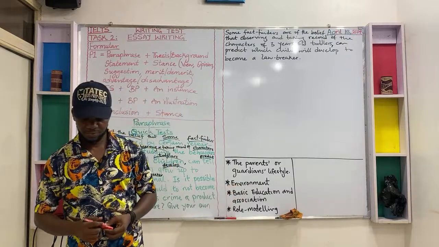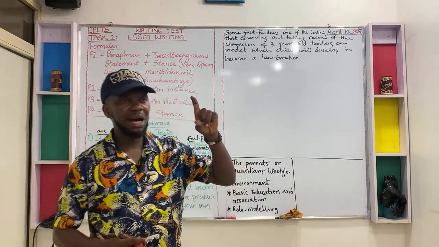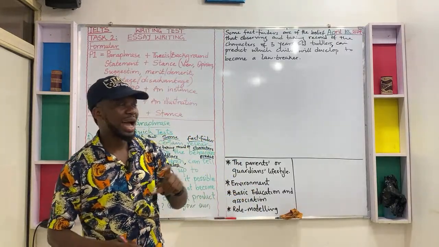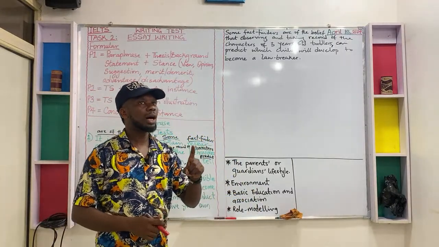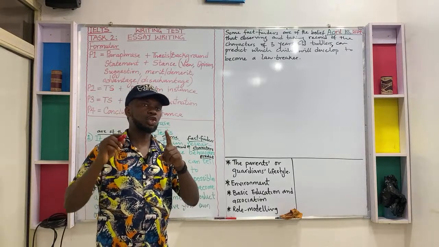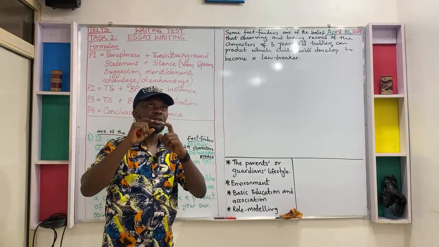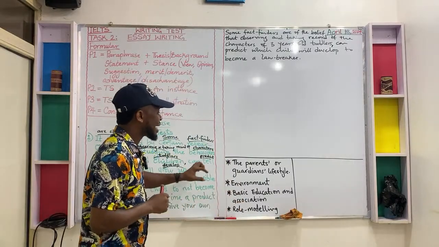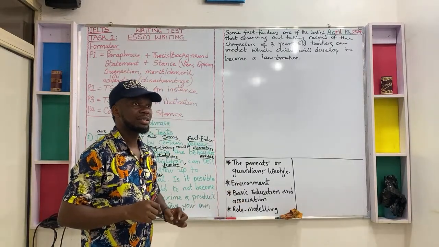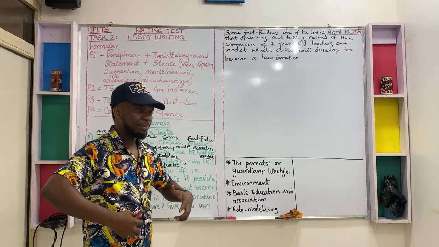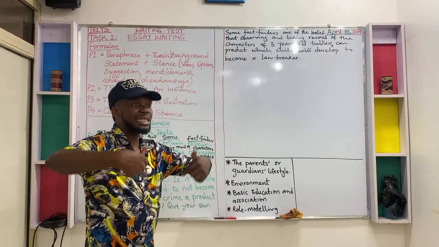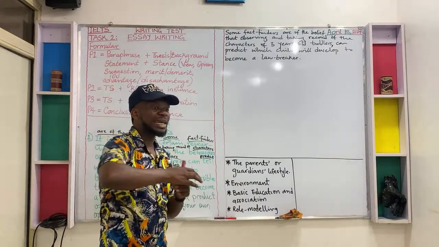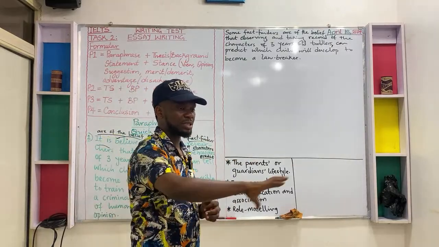Environment. Environment matters a whole lot, because according to Dr. Maria Montessori, of blessed memory, she said that children begin to unfold their inner being when they interact with the environment.